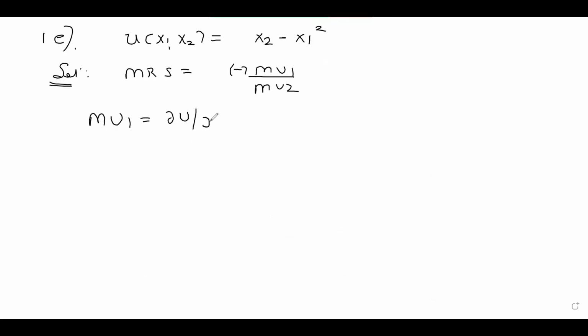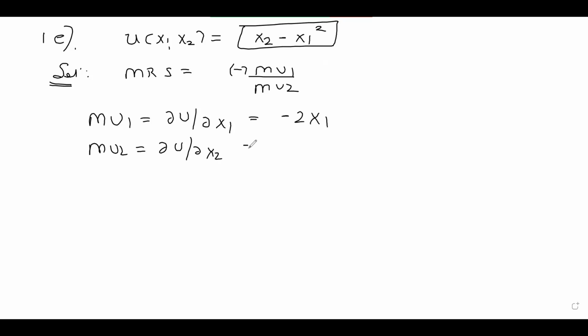Del u by del x1. How much is del u by del x1? If I partially differentiate this with respect to x1, I get minus 2x1. mu2 will be del u by del x2. If I partially differentiate the utility function with respect to x2, I get 1. My MRS is minus, mu1 is minus 2x1, mu2 is 1, my answer is 2x1.